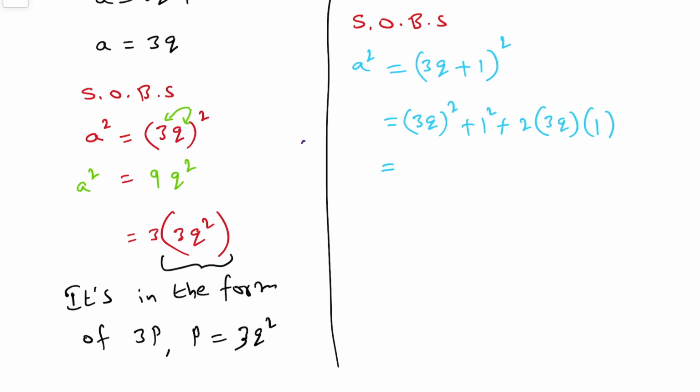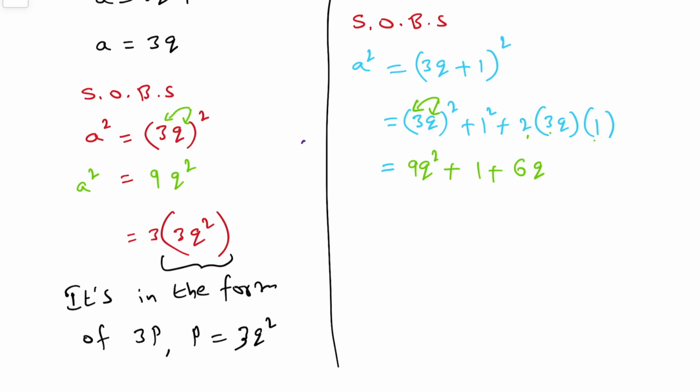That is equals to 3Q whole square. Again, this square is applicable for the number as well as for the variable. So 3Q whole square will become 9Q square plus 1 square is 1 plus 2 into 3 into 1 is 6Q as it is. So we got it as 9Q square plus 1 plus 6Q.